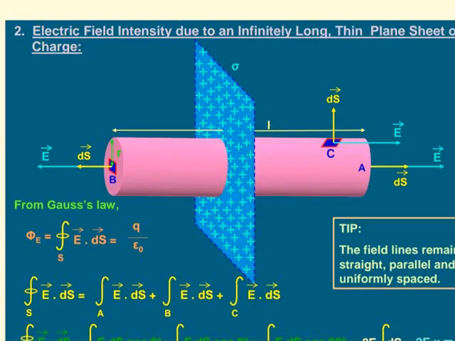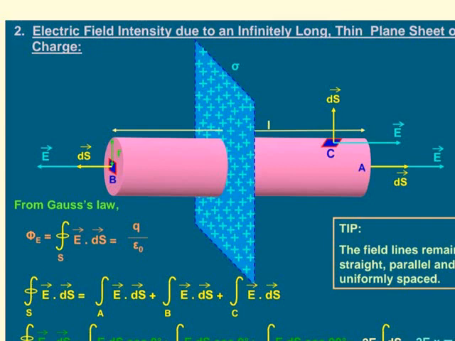In this application of Gauss theorem, we will find the electric field due to a uniformly charged infinite plane sheet. As shown in the figure, consider a thin infinite plane sheet of charge with uniform surface charge density sigma.